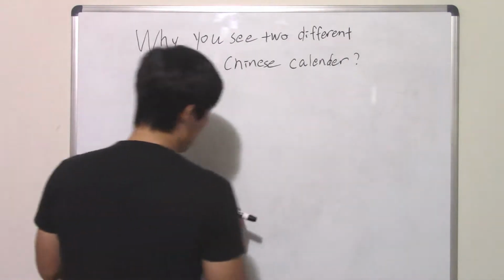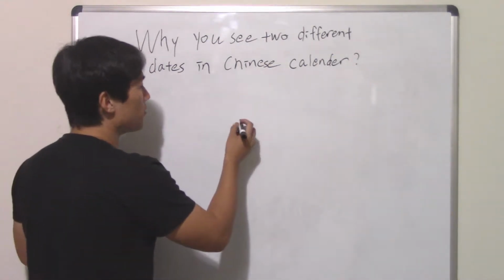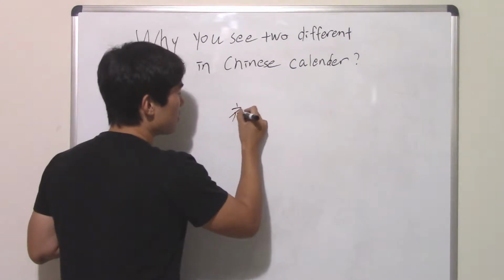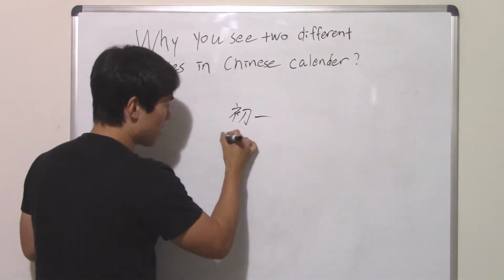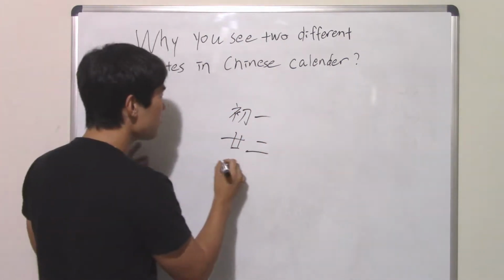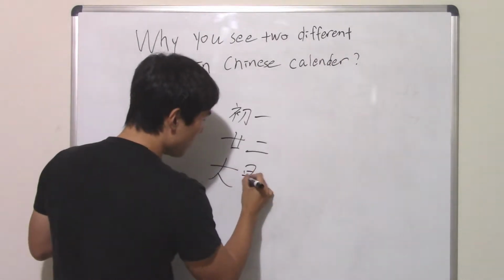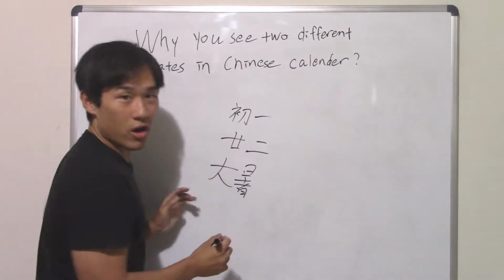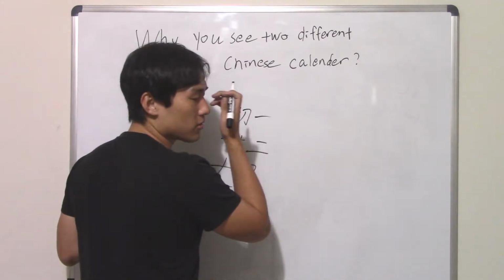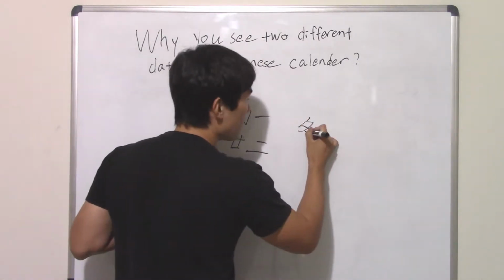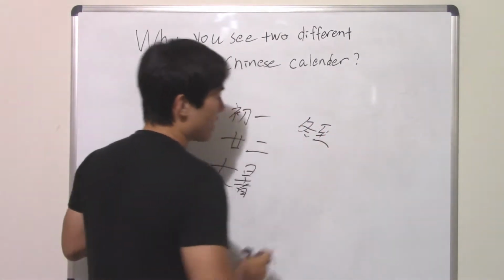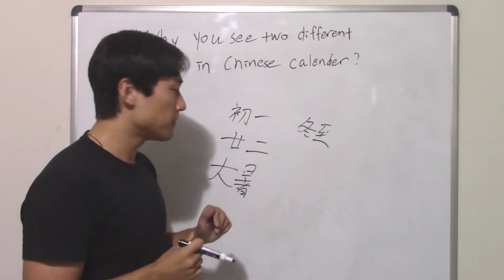Maybe you see some weird words, for example 初一 or 初二, words like this that grab your attention. Okay, so what are those, right?